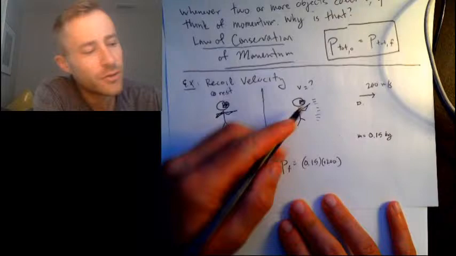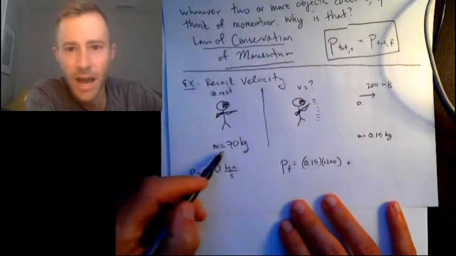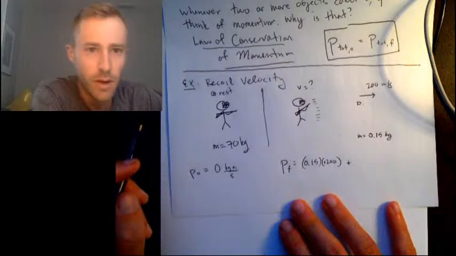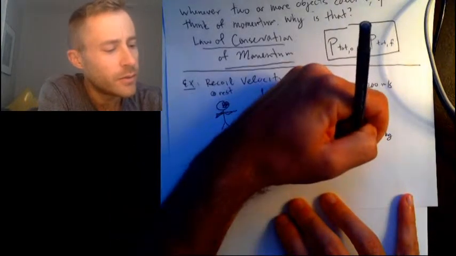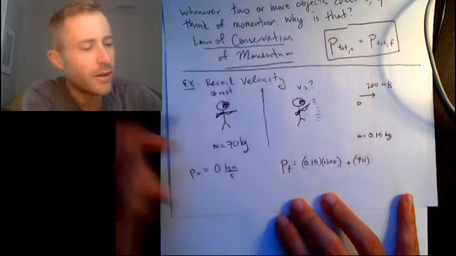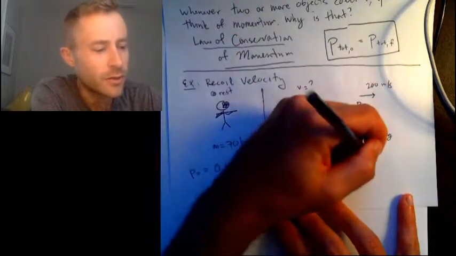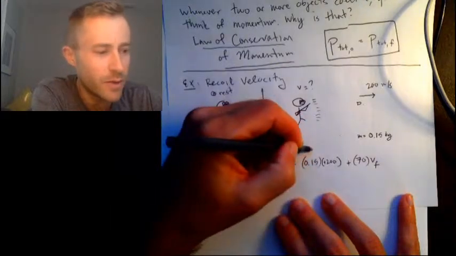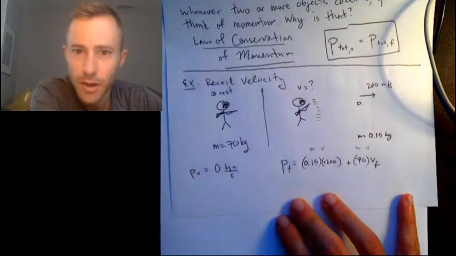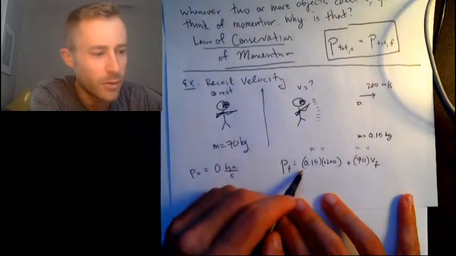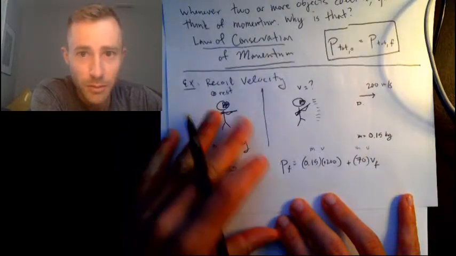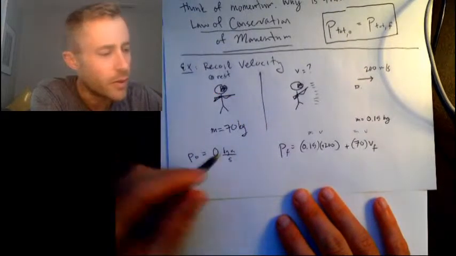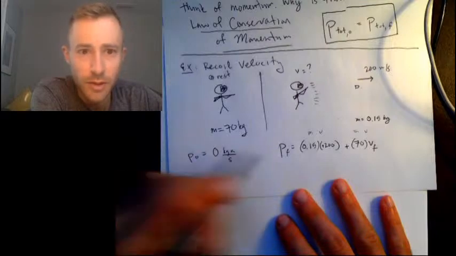The momentum of the astronaut, well, the astronaut has a mass of 70 kilograms, okay, and has a final velocity that is unknown. So we just leave it as a variable. So see how we have mv plus mv, okay? So this is the total final momentum. This is the total initial momentum. Now, the law of conservation of momentum says that the initial momentum is equal to the final momentum.